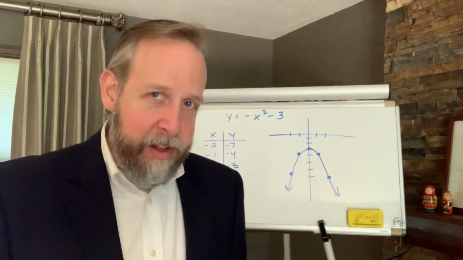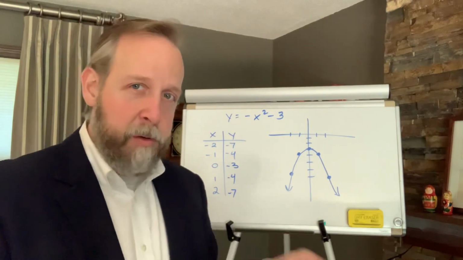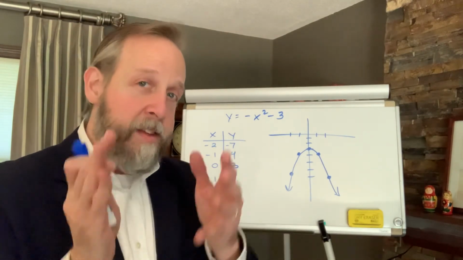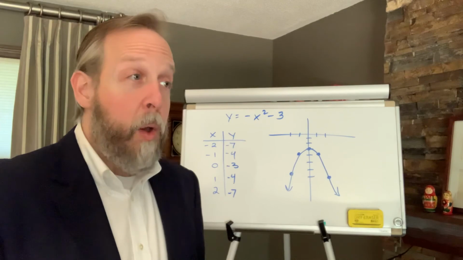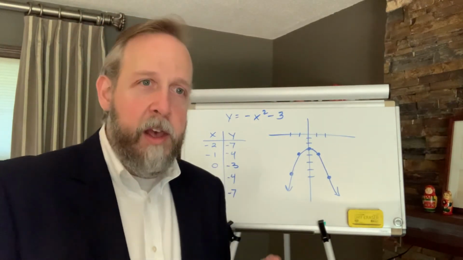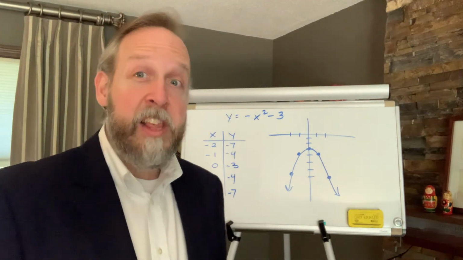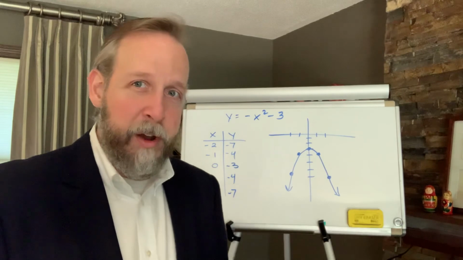We call that reflecting over the x-axis. When it opens down, it's because the equation was negative x squared. If it opens up, like a smile, it has a positive x squared value. Positive 2x squared, positive a half x squared, positive anything x squared, positive x squared.